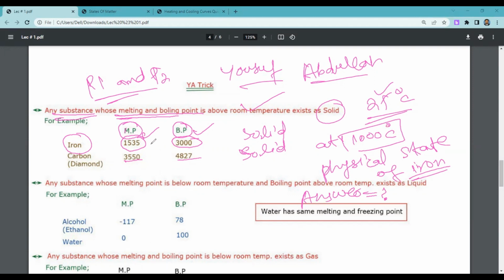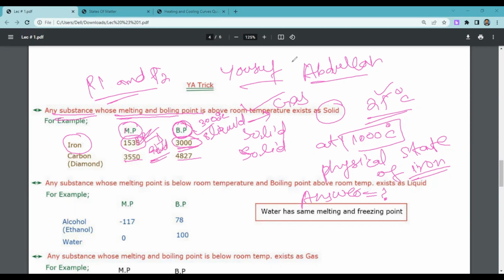At this temperature, a solid is melting. It means that it is converting into a liquid. Now this is liquid, and its boiling point is 3000. It means that at 3000 degrees, a liquid is converting into gas.